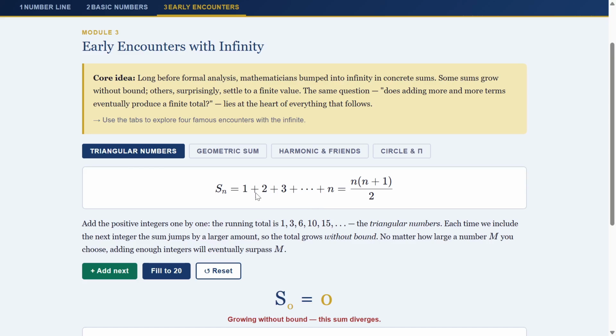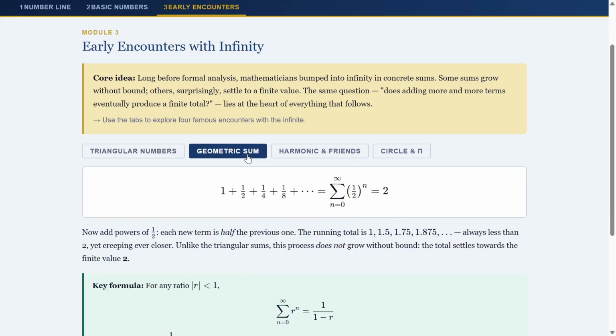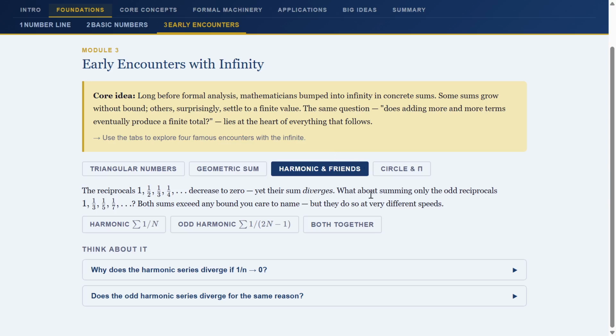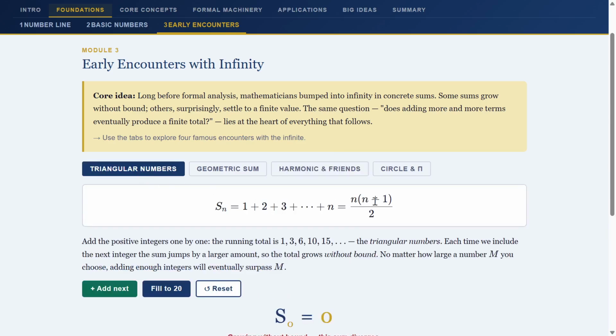And if we study this and we have a finite number of positive integers starting at 1 up to n, and we add all of them, we can show, or we are told, that the result or the sum is n times n plus 1 over 2. And then if you click on the different buttons, you'll find that there are other sums that we can think of. Okay, now there's a fixed number or a finite number of terms.